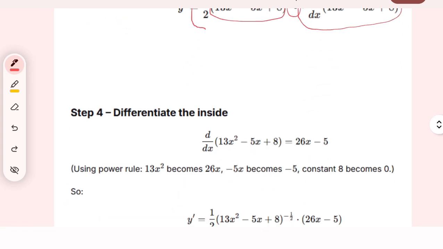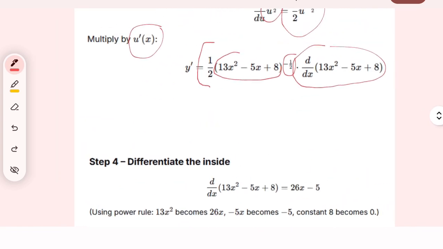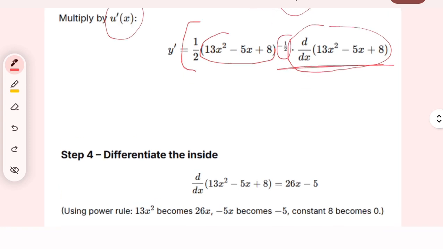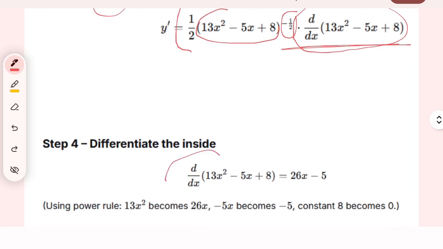And now we will differentiate what is inside, not the derivative. So like this one, we need to differentiate what is inside. So what is the derivative of the inside? The derivative of 13x squared minus 5x plus 8 is 26x. That's actually the derivative of 13x squared.